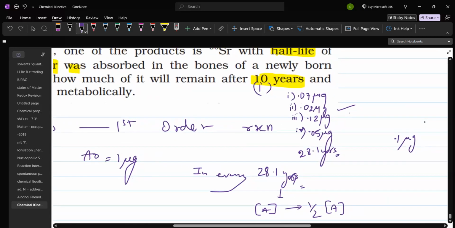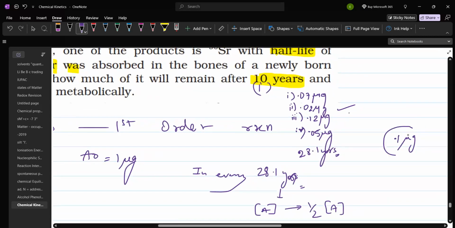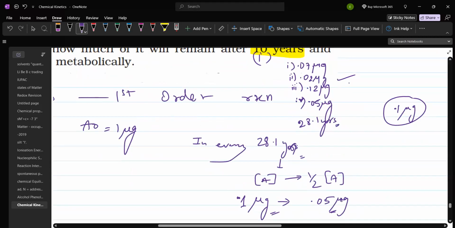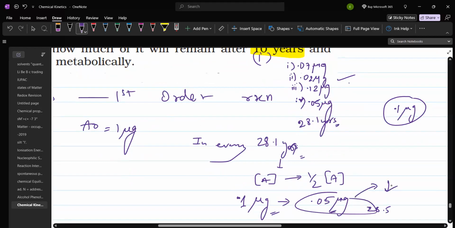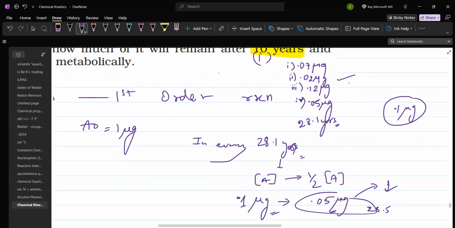Sorry, I thought the question was saying 0.1 microgram. After 28.5 years it will decrease to half. So for more than this, like 60 years, the decrease should be more.